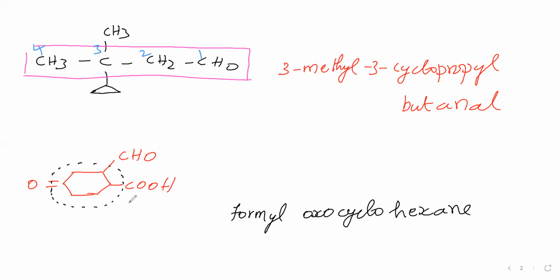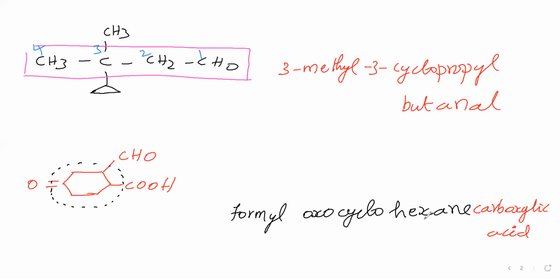Therefore, this name you say as it is, carboxylic acid, in the secondary suffix place. Even then you are not saying oic acid, because this carbon is not in the parent, it is outside.